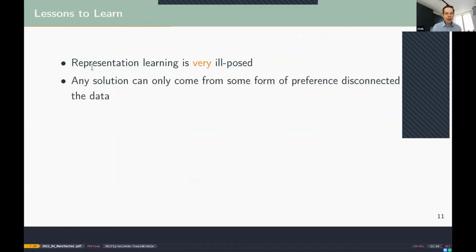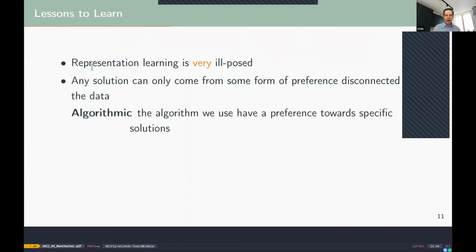So what we have to do is include some form of preference for the solution that we want that's disconnected from the data in some way, right? We can do that algorithmically, which is something that has been done a lot, where the way I search for solutions somehow has a preference towards specific solutions.